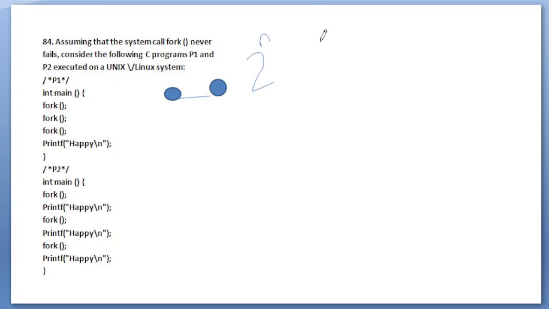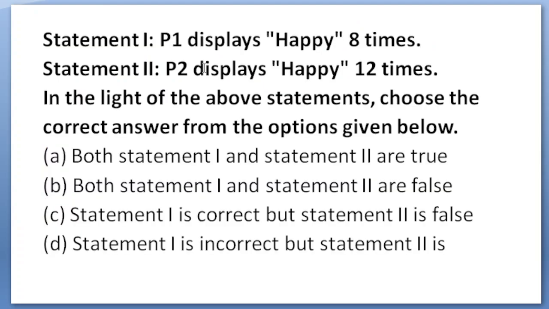So 2 raised to 3 equals what? The answer is 8. We will get 8, so the first statement is true. That is what they are saying: P1 displays happy 8 times. But in the case of statement 2, P2 displays happy 12 times.